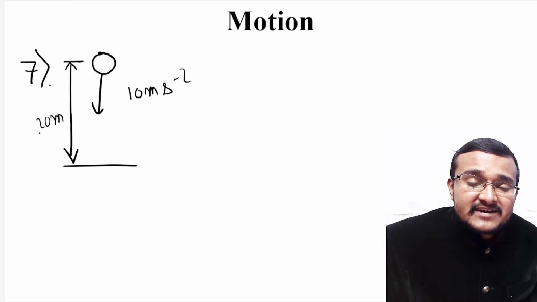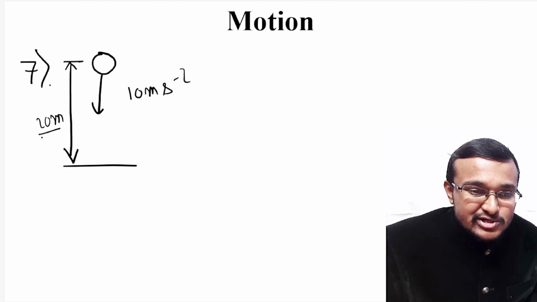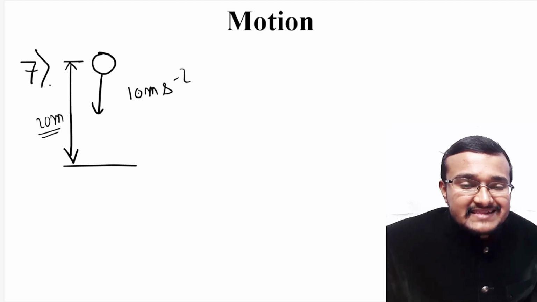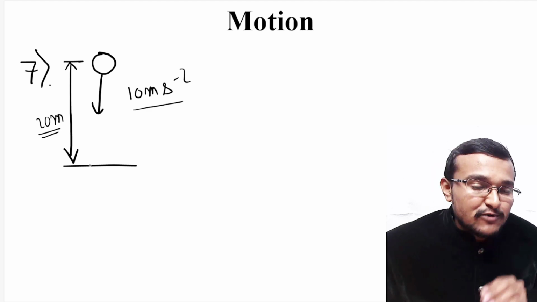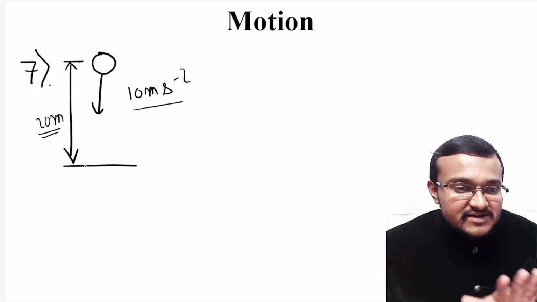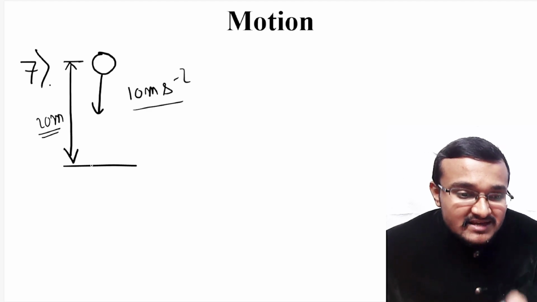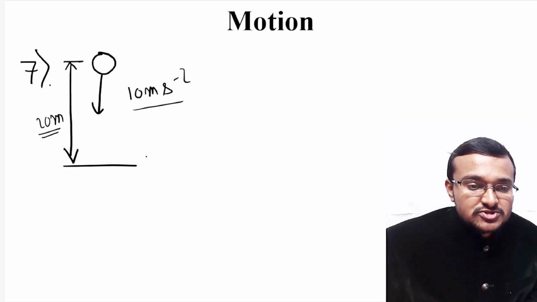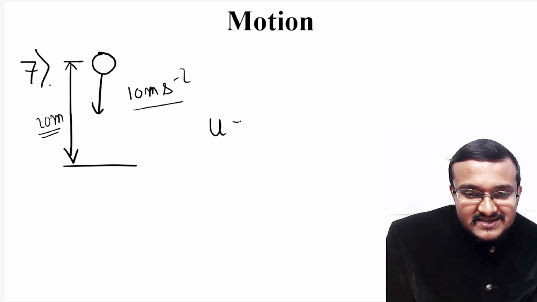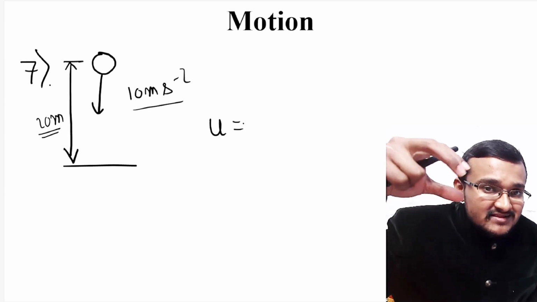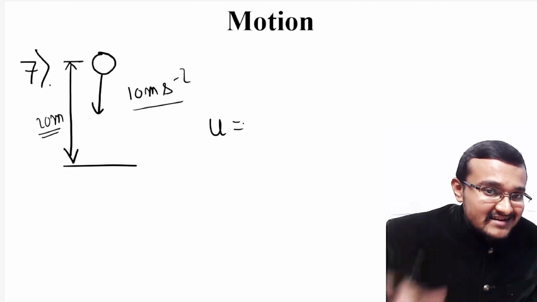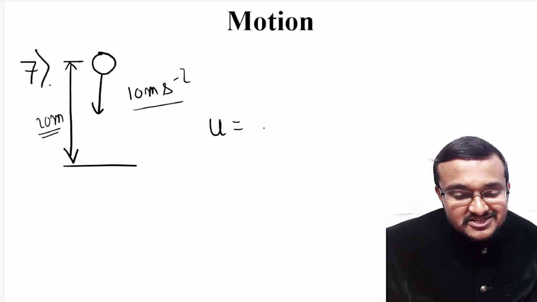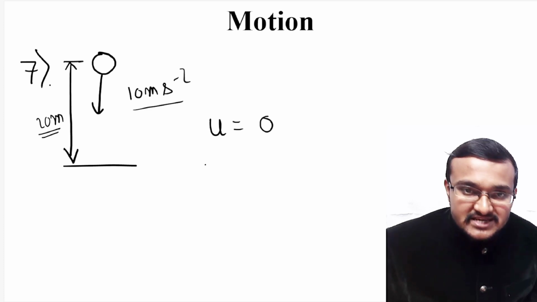The height from which the ball is being dropped is 20 meter, and they have given the acceleration of the ball. Now you have to calculate the final velocity at which the ball will be striking the ground. Initially the ball was at a particular height, so we assume it was at rest, and we consider initial velocity as 0.